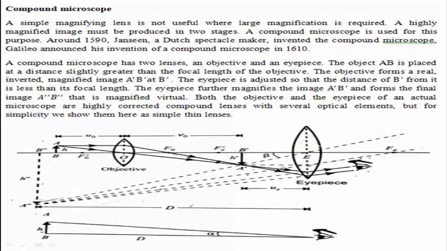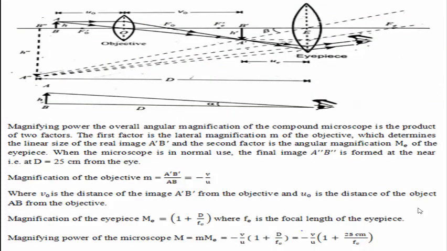Both the objective and the eyepiece of an actual microscope are highly corrected compound lenses with several optical elements, but for simplicity we show them here as simple thin lenses. Magnifying power, the overall angular magnification of the compound microscope, is the product of two factors.